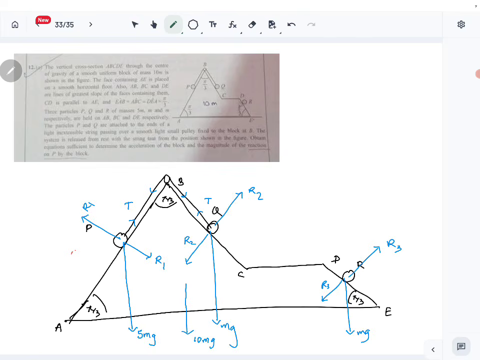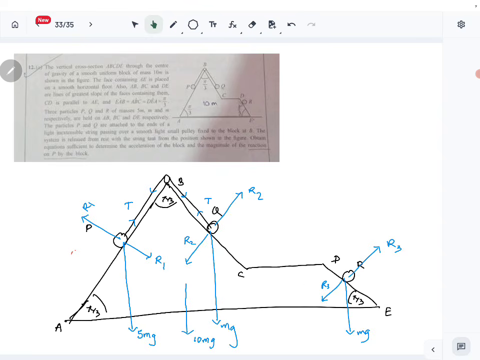So when it is at rest, we can decide which direction the block will move using what? R1, R2, and R3. So whether it moves to right or left depends on the horizontal components of R1, R2, R3.